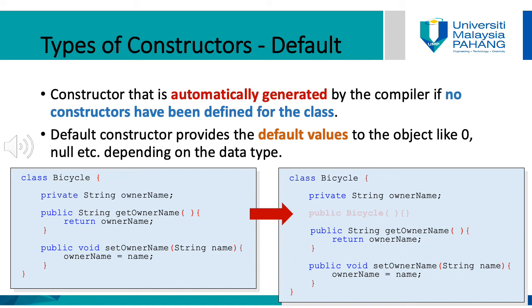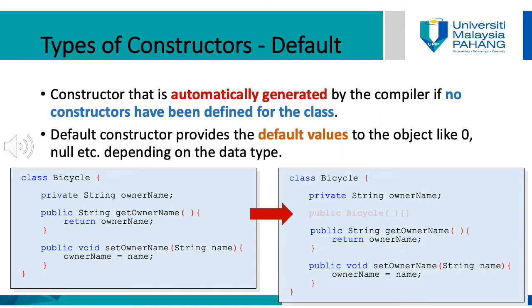So normally the default constructor provides the default value to the object like 0, null, etc. It depends on what kind of data type you are using for your class. And then for example here, okay, you define a class bicycle, but you did not include any constructor in this code.